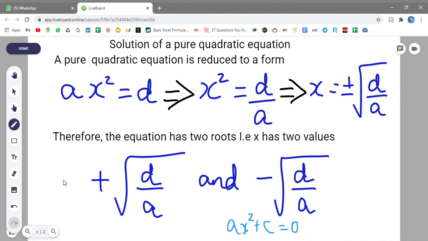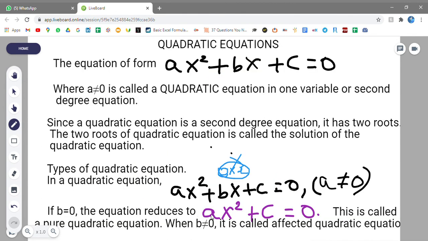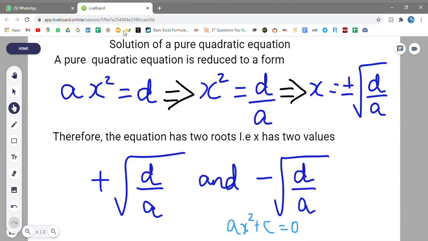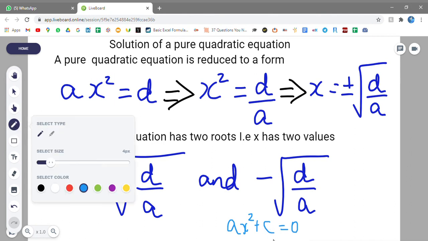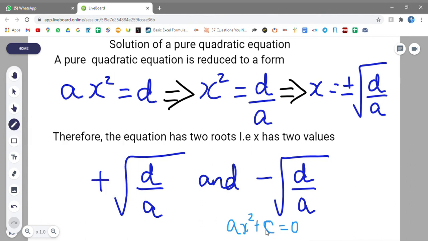That is what we saw here. Here, instead of c, they have taken d. That's all.